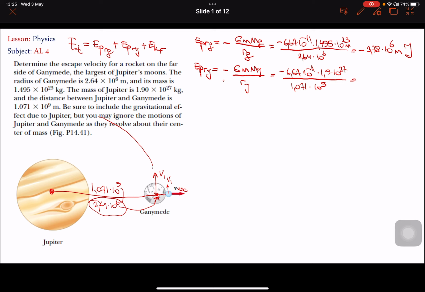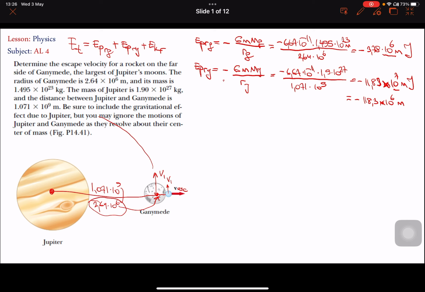So the energy here appears to be minus 11.83, with the mass of the rocket, times 10 to the power of 7 joules. But see here, the powers are different, so I'd like to write it in the same power: minus 118.3 times 10 to the power of 6 times the mass of the rocket, and the unit is joules.